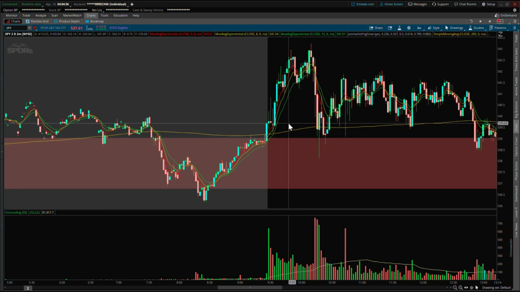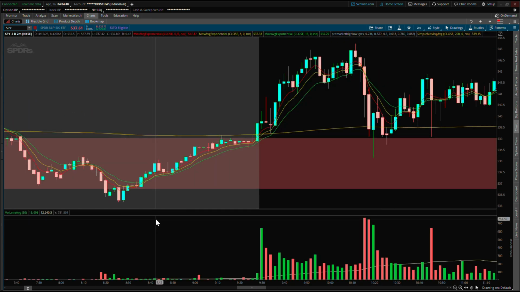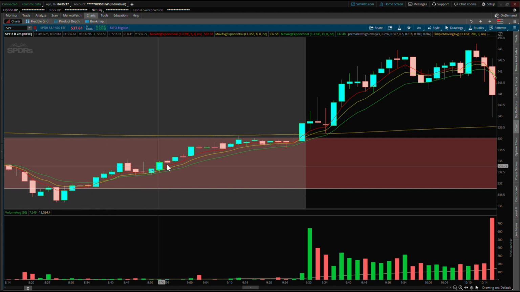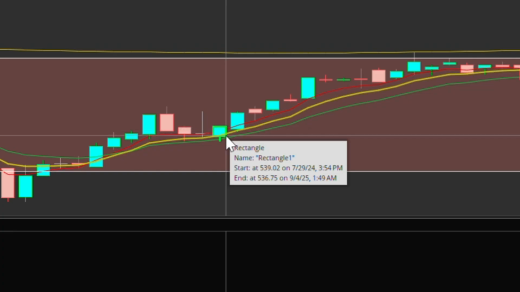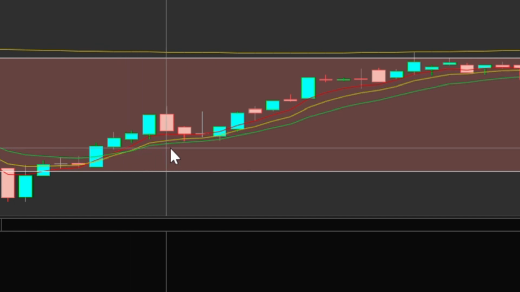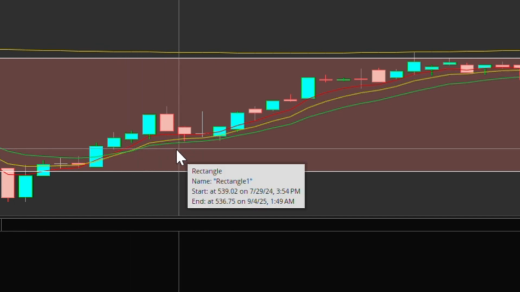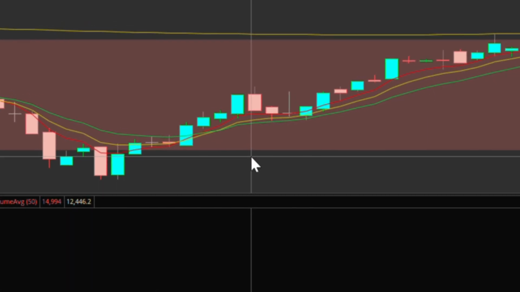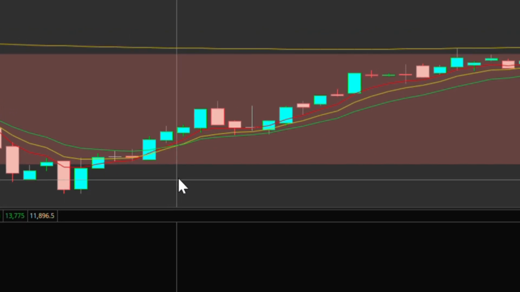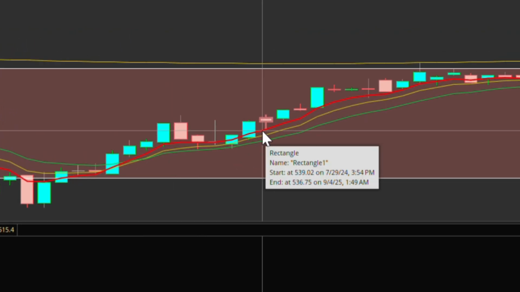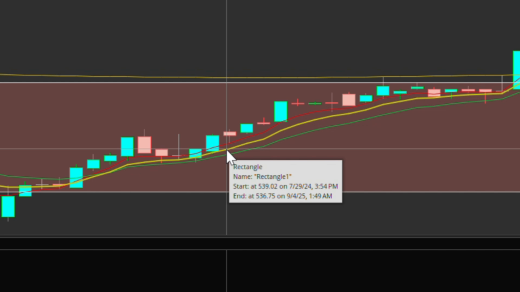Now, in this case, we're looking at the pre-market. What's different here? Our 5 EMA is above the 2 moving averages. So the green moving average, being the 13 EMA, is below and serves as a buffer. Whenever you have the 13 EMA below the other 2 moving averages, being the 5 and the 8, you're in an uptrend. So look at the price action.